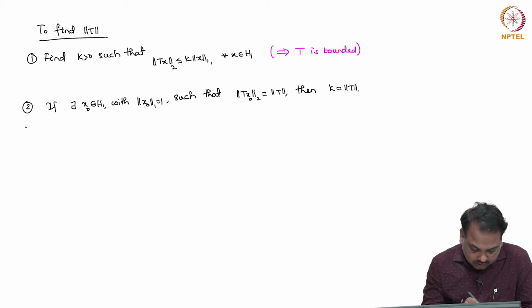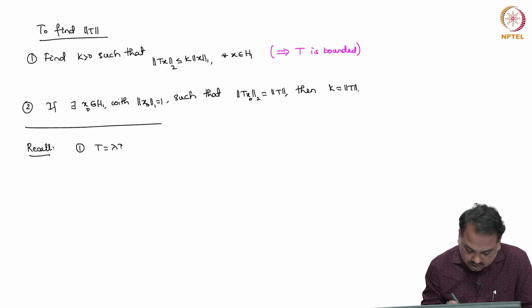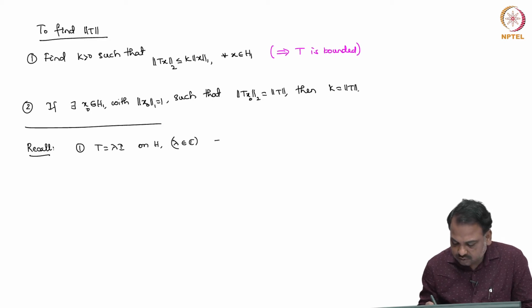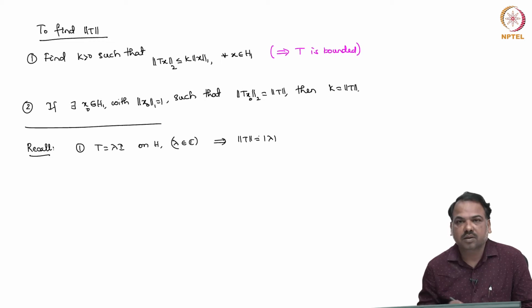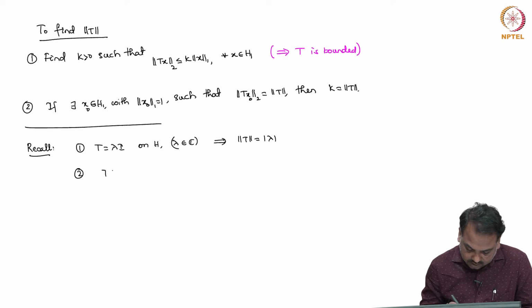Also recall that we have studied two examples. The first one is when T equals lambda times the identity on the Hilbert space H, where lambda is a complex number. We have shown that the norm of T is exactly mod lambda. And the second one is when T is a map from C2 to C2 given by the diagonal matrix with entries lambda 1, 0, 0, lambda 2.